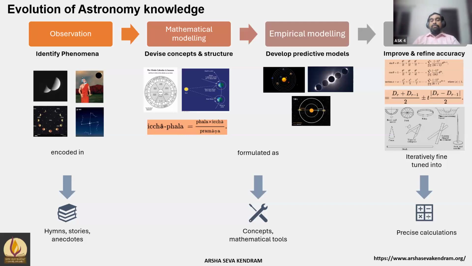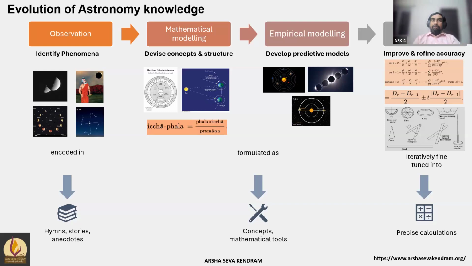Right, our mathematical tools were also quite advanced in the sense they were evolving over a period of time, rivaling the Western counterparts, if I may say so. And we also came up with theoretical models like the epicycle model to explain the observations that were being made.